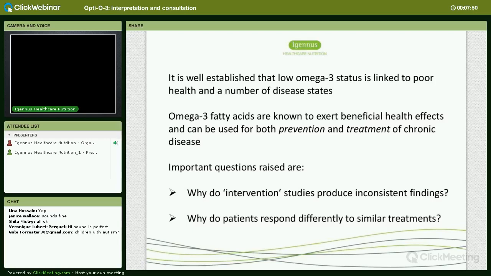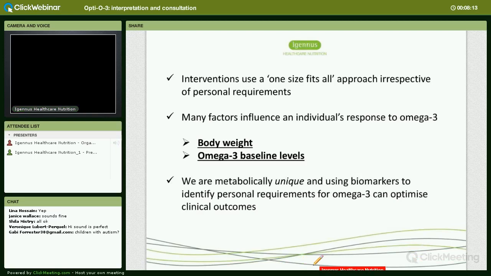We also find as practitioners that our patients don't always respond to treatment. While some patients do respond, others don't. And we start asking why we are seeing these patterns. Why do intervention studies produce inconsistent findings? Why do patients respond differently to very similar treatments?